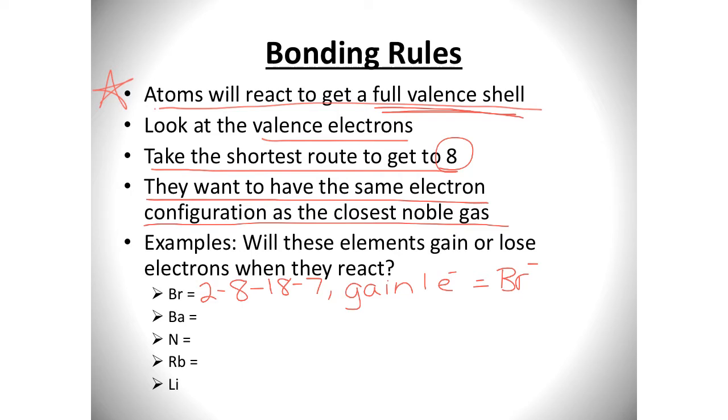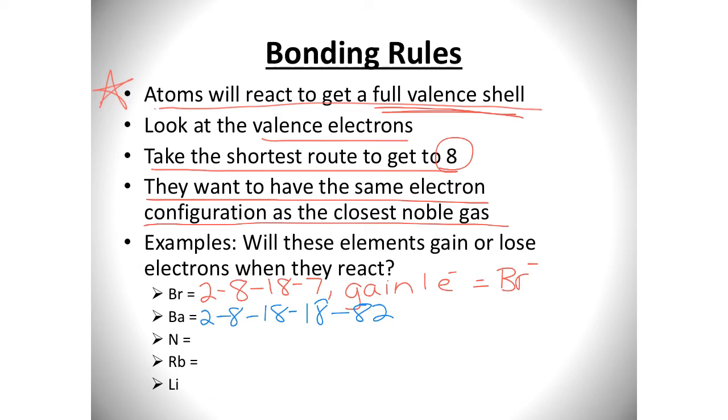All right, so we'll take a look at barium now. Barium's electron configuration is 2, 8, 18, 18, 8, 2. So if we do the closest noble gas, barium is atomic number 56. The closest noble gas is xenon, Xe.